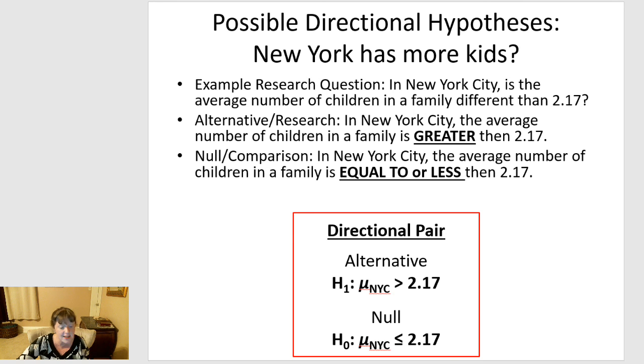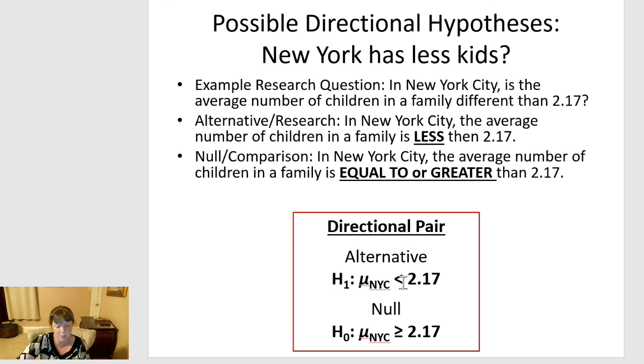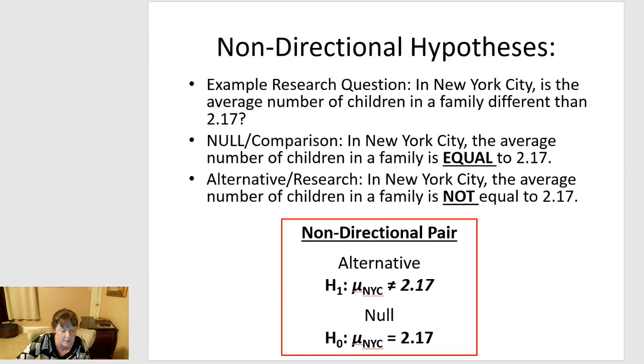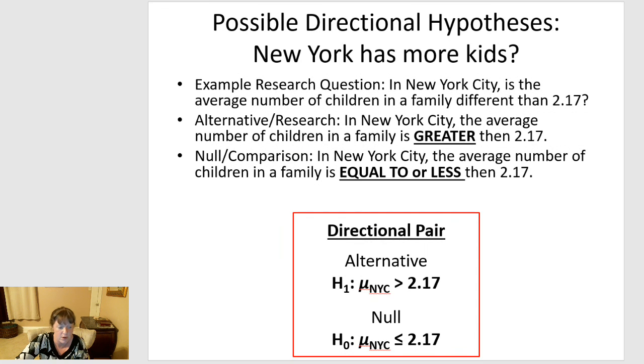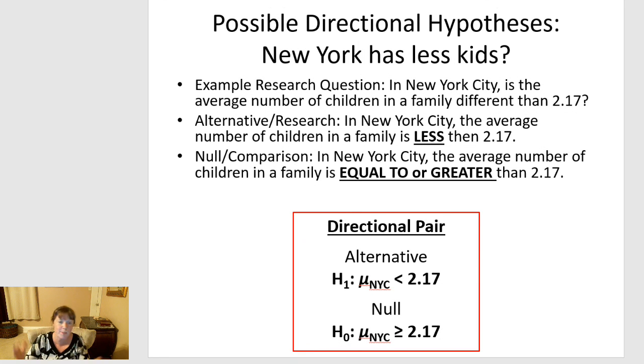Or are you going to test this one? You suspect people in New York City have fewer kids than average, so you're going to test the null hypothesis that they have greater than or equal to, right? And so you pick option 1, option 2, or option 3. You've got to pick as the researcher. What kind of possibilities are you going to explore? And you've got to pick one.